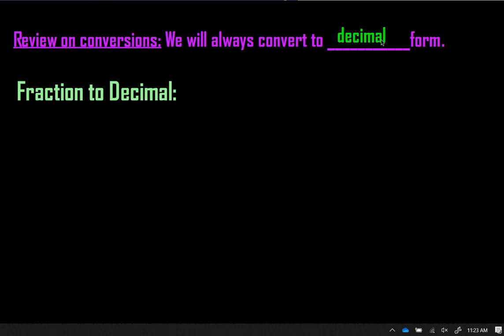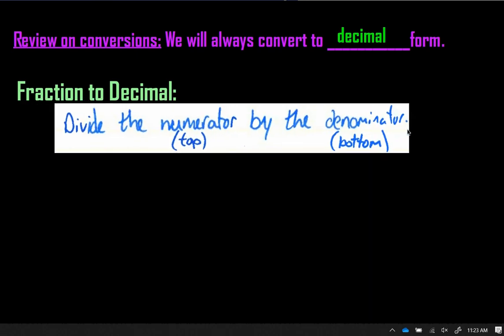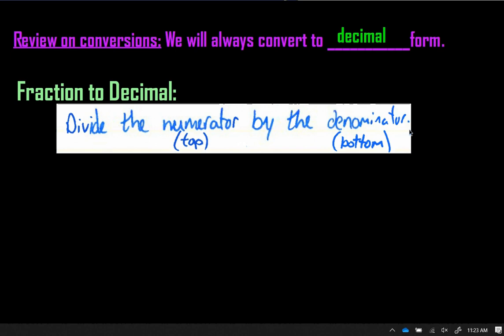Let's say you have a fraction and you want to change it to a decimal. Make sure you're dividing the numerator, that's the top, by the denominator. So for example, if you have the value 3/2, you would divide 3 by 2 to equal 1.5.